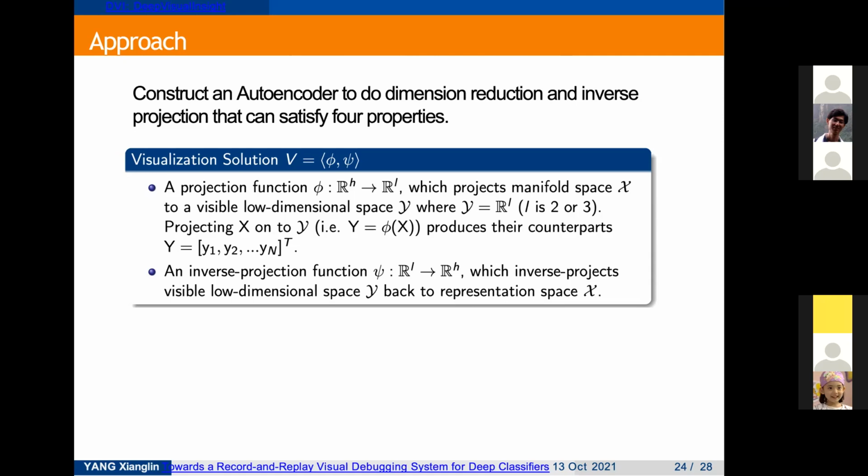The first part is a projection function that can project any feature vector from H dimension into low dimensional space with dimension L. Because we are trying to visualize the results, the L should be 2 or 3, so humans can understand. And then the inverse projection function should have the ability to map any points from L dimension back into H dimensional space.